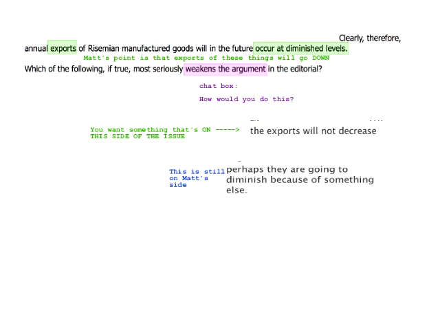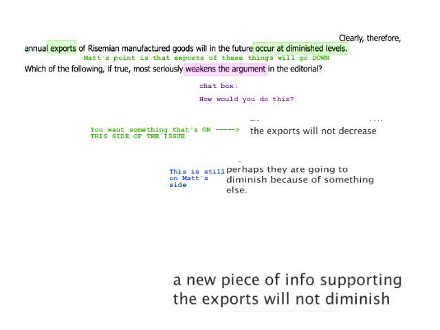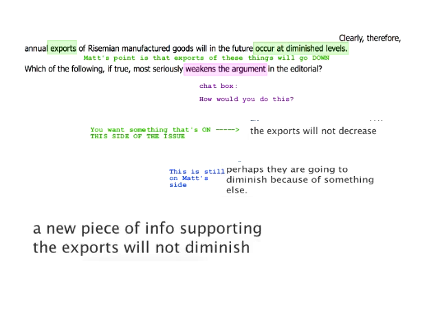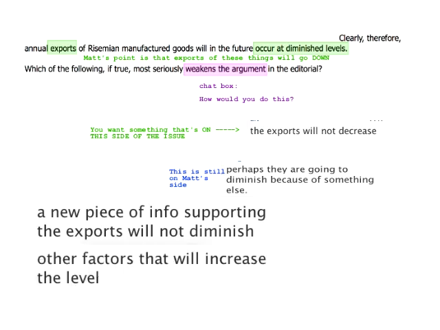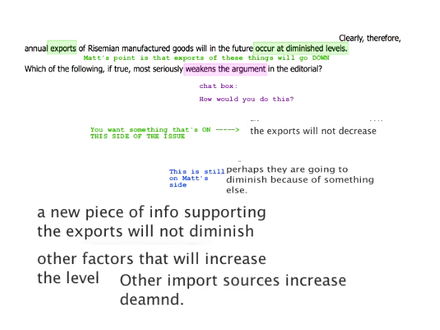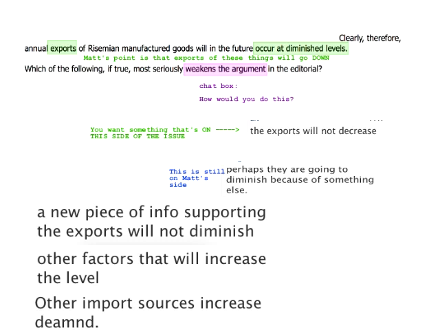Okay, I like these three. I like these two. There you go. So you know they're going to present you with some sort of evidence that exports of something are going to go down.